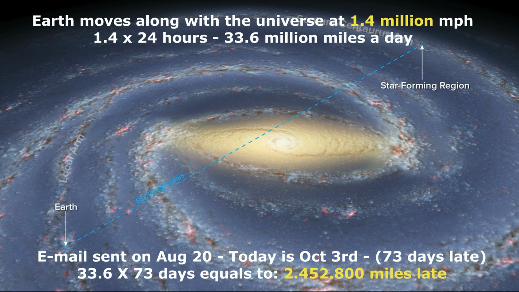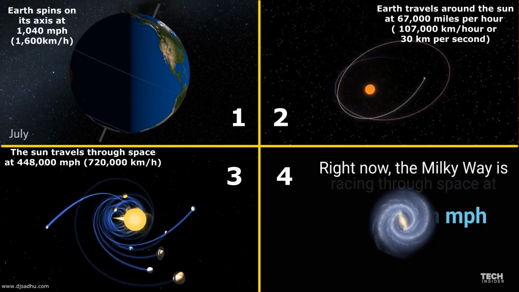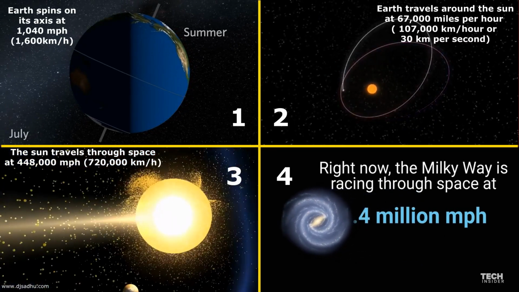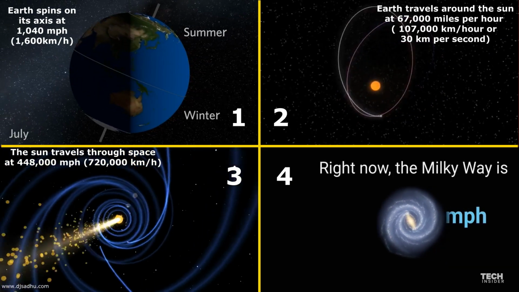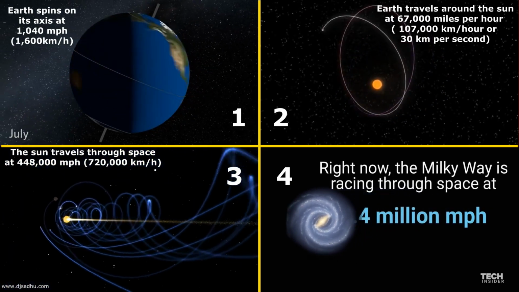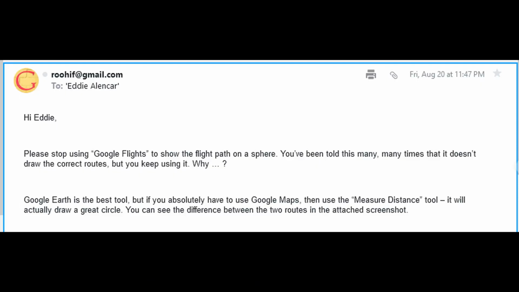See how crazy this whole notion of heliocentric model is? And the reason I'm doing this is just to make sure that this guy understands how crazy this stuff is. We haven't moved an inch because Earth is motionless. We don't move. All right, so let's go ahead and reply to this message.